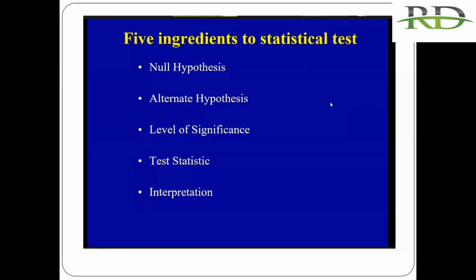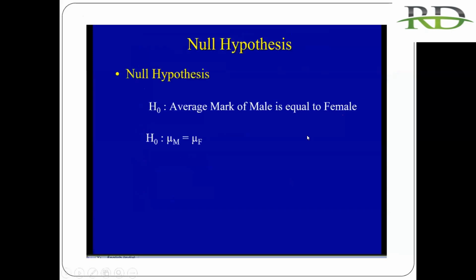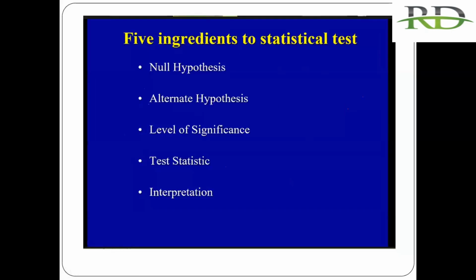Always remember, this is a thumb rule: the null hypothesis is nothing but the hypothesis of no difference. So always remember what you are going to test, and always make the null hypothesis that there is no difference between what you are going to test and what is available. Is it okay?